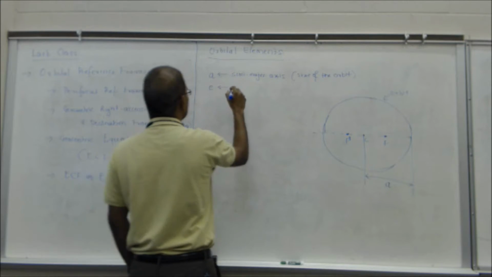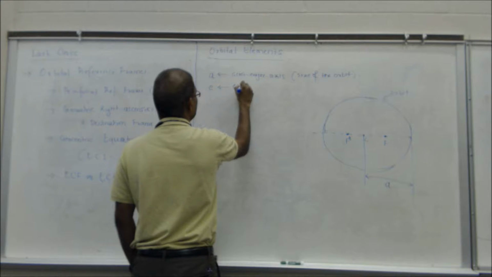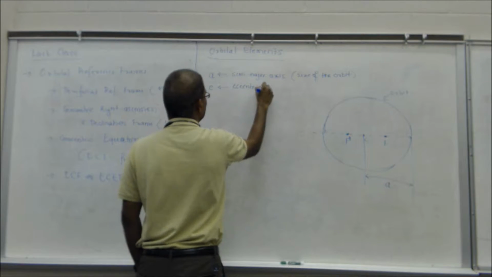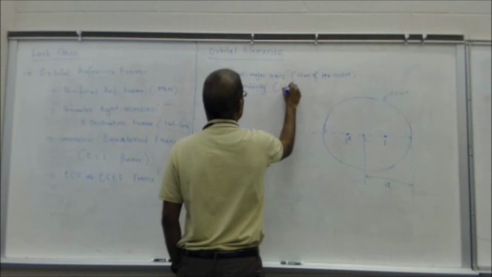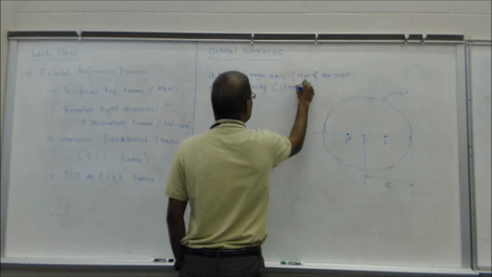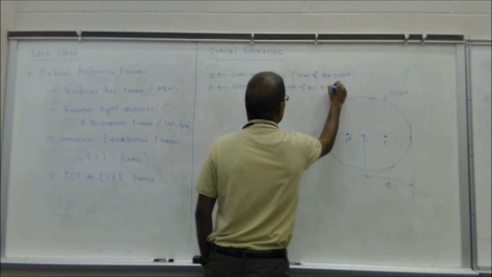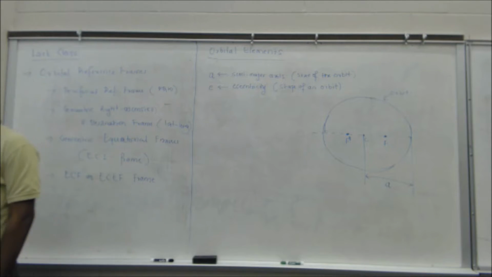The second one is E. E is called the eccentricity, and it defines the shape of an orbit. So you guys are already aware that E defines the shape of an orbit, right?